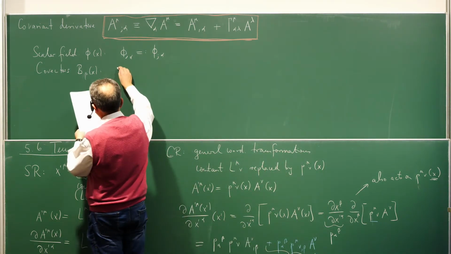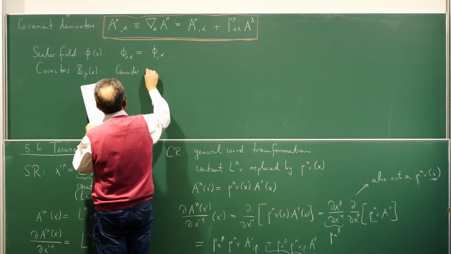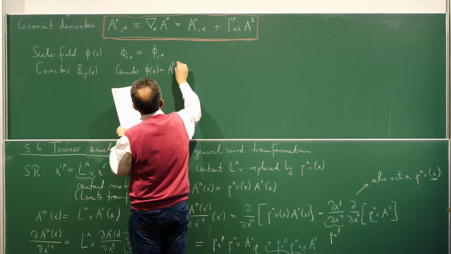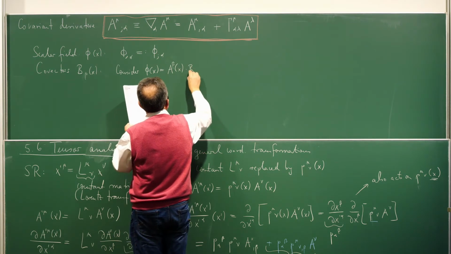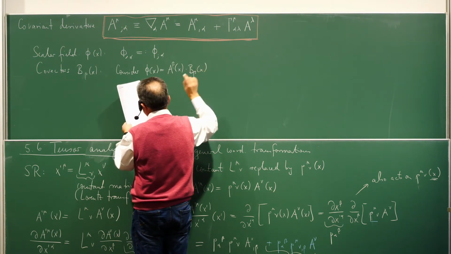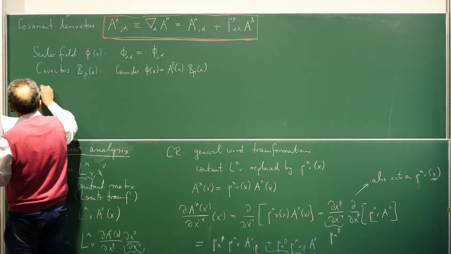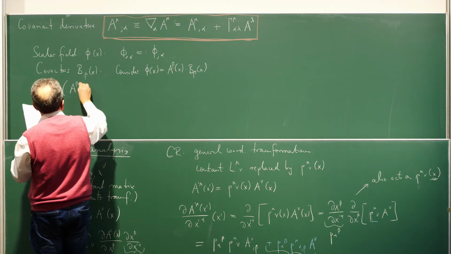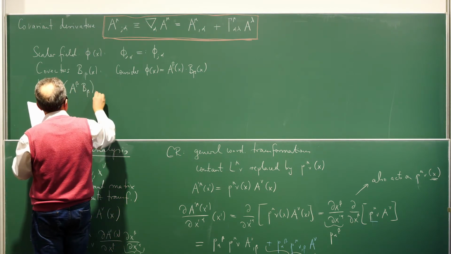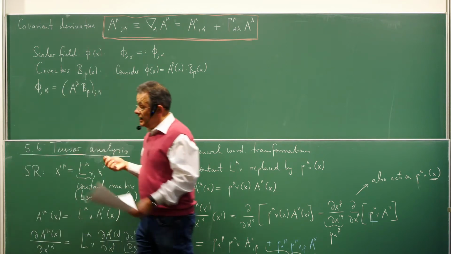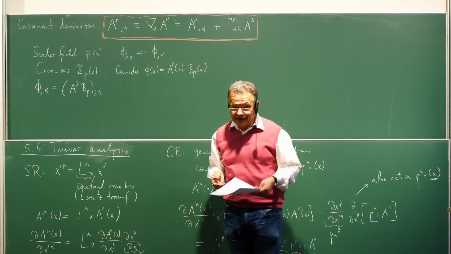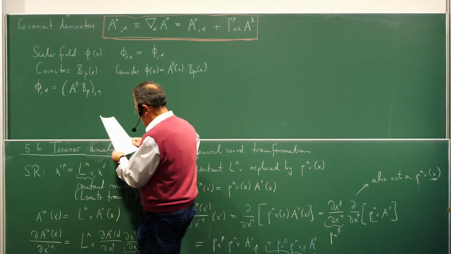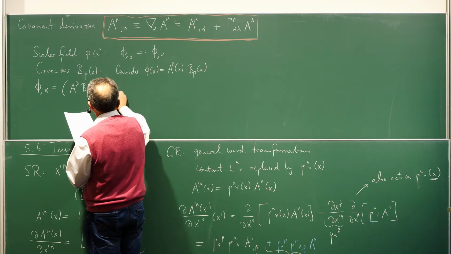So let us consider the scalar product, which is a scalar given by a beta of x times b beta of x. And so from this it's clear phi semicolon alpha is a beta b beta semicolon alpha, and so of course anything that deserves to be called derivative has to obey the Leibniz rule or the product rule, otherwise it's not a derivative.